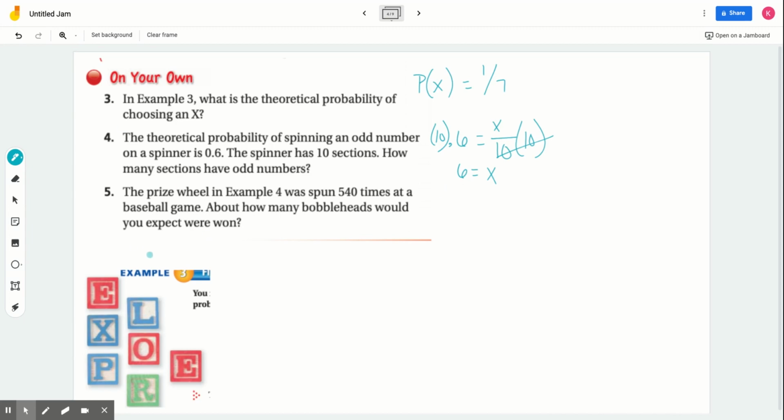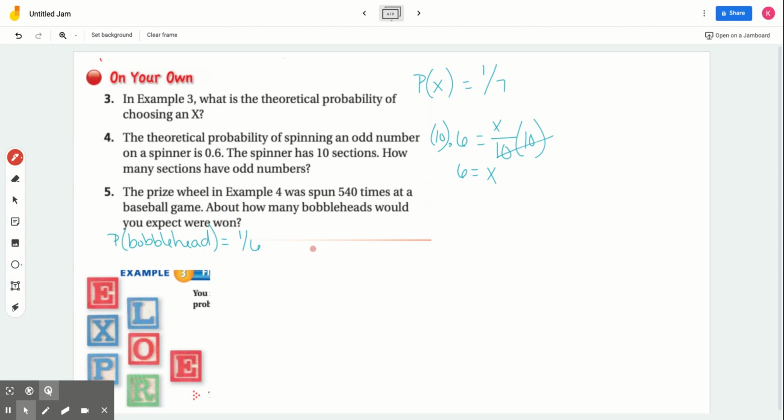And one piece of information that I added in your guided notes was that from example 4, the probability of a bobblehead is 1 out of 6. So let's put this in here. Probability of a bobblehead is equal to 1 out of 6. So go ahead and try to complete number 5.